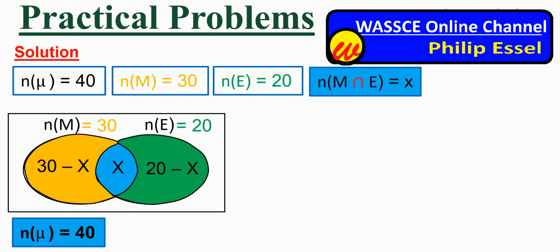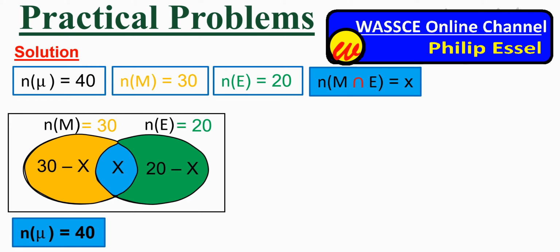So our aim right now is to look for the value of X. So we now have our Venn diagram and we are going to use it to do this. So first, let's picture our universal set, the rectangle, as a classroom. So we have the rectangle, which is our classroom, and everything inside are the members or the various groups or categories of students in that class.